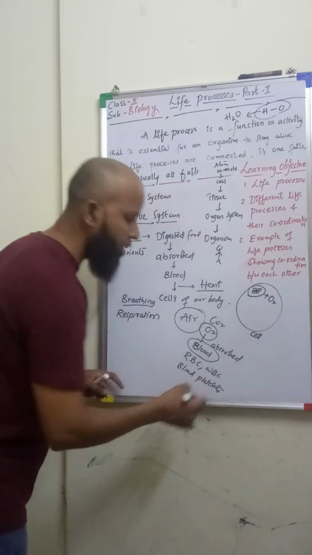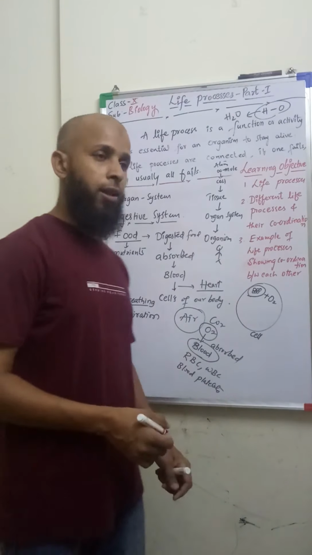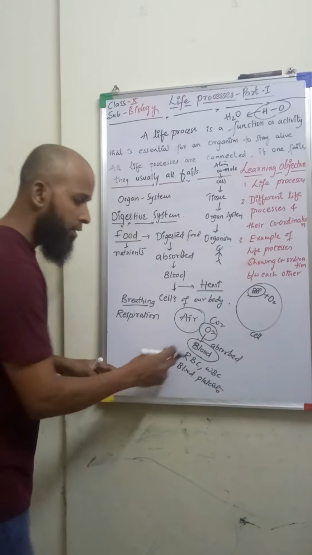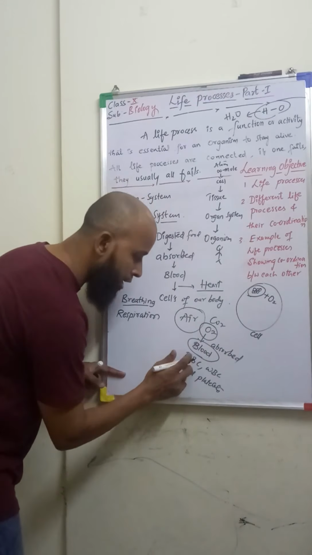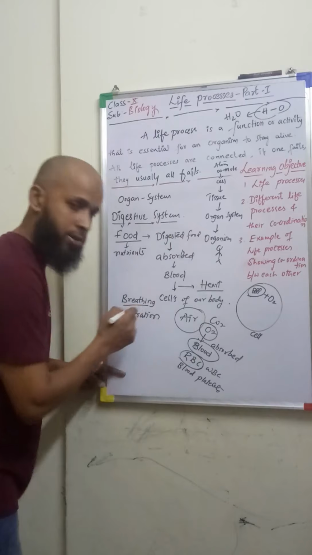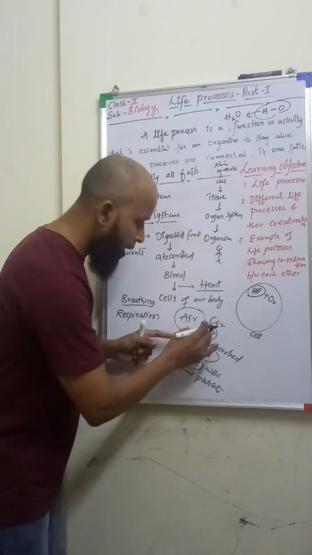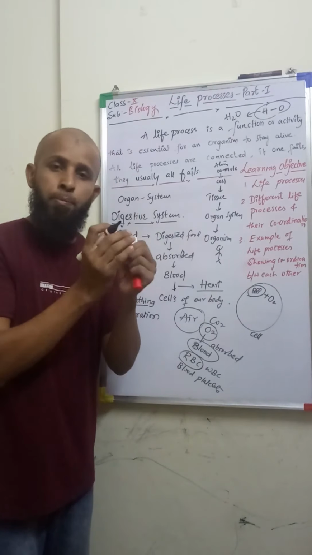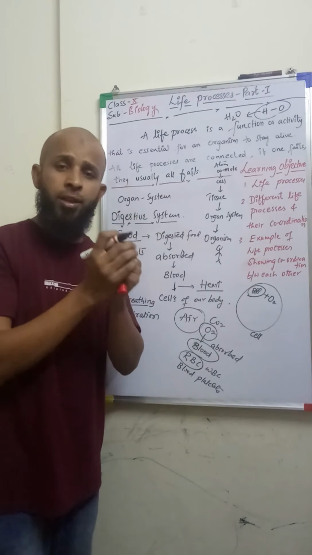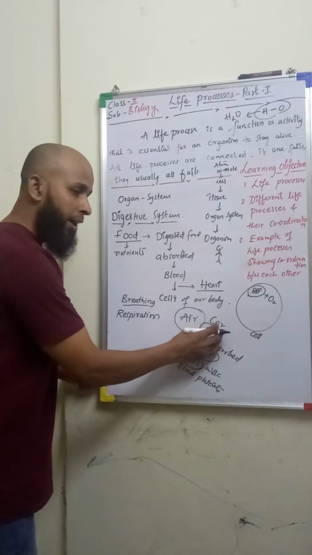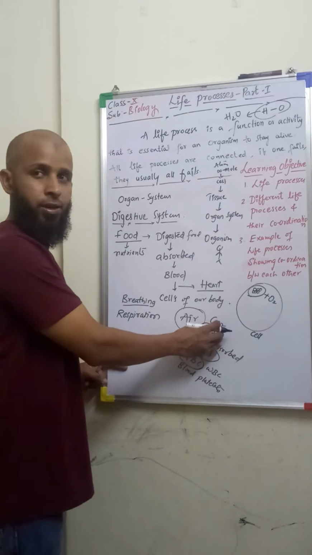Now the question is, which of these cells will carry the oxygen? The oxygen is carried by the red blood cell. The reason is that the red blood cell contains hemoglobin. The hemoglobin has the power of binding with the oxygen, right?